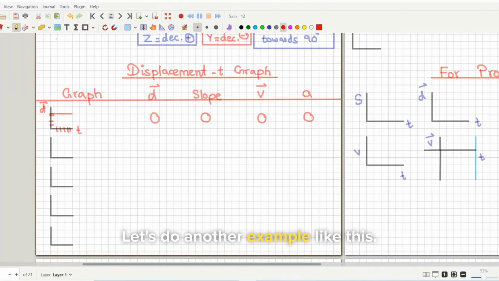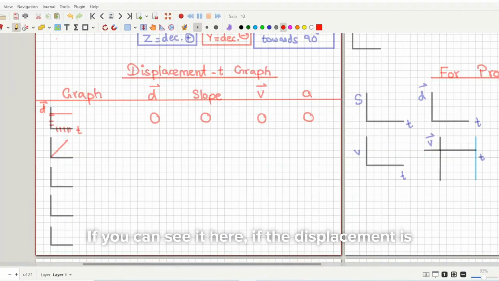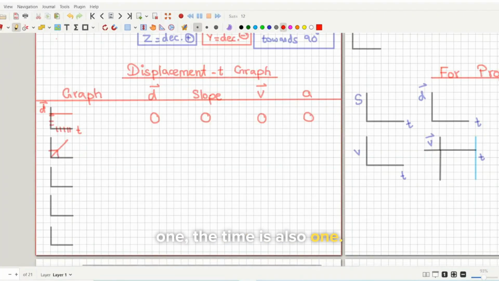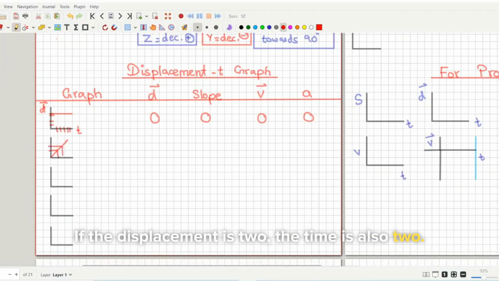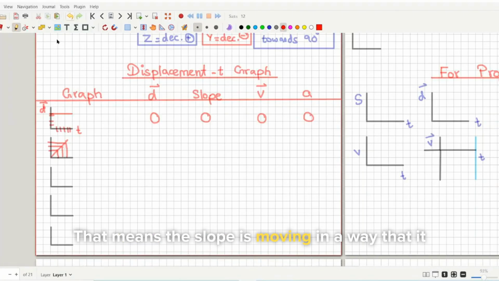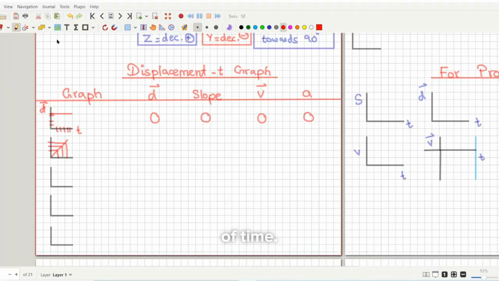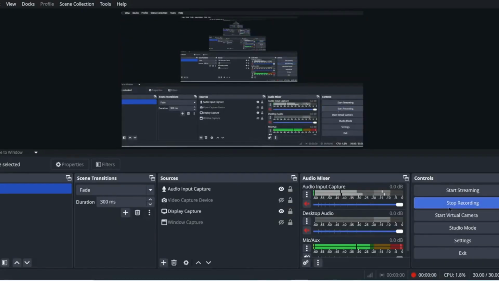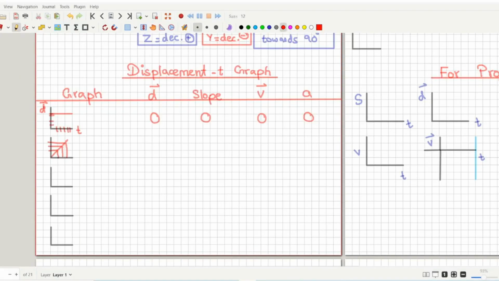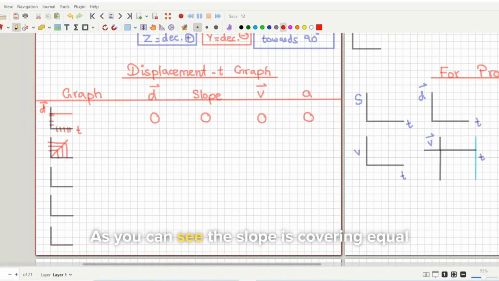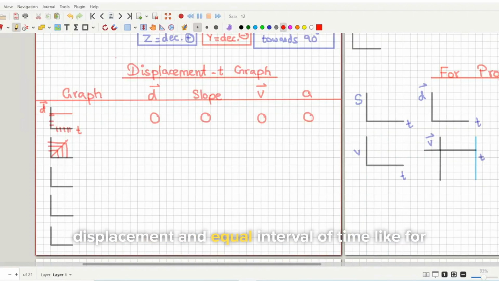Let's do another example like this. As you can see, this is a straight line. If the displacement is 1, the time is also 1. If the displacement is 2, the time is also 2. If the displacement is 3, the time is also 3. That means it is covering equal displacement in equal intervals of time.